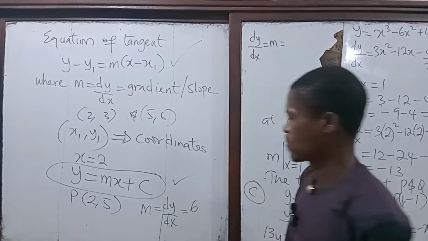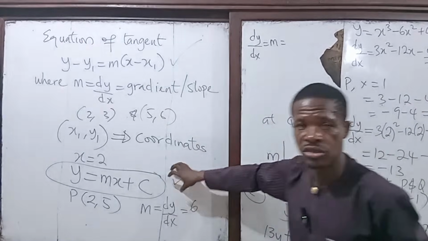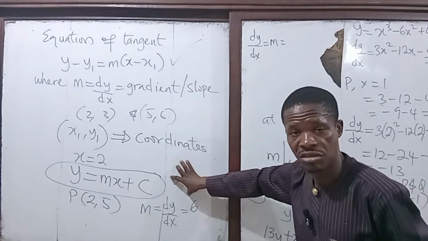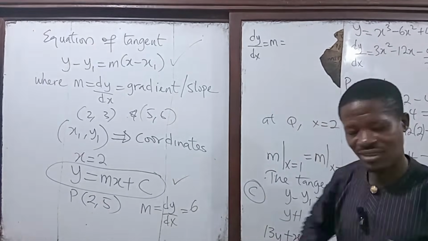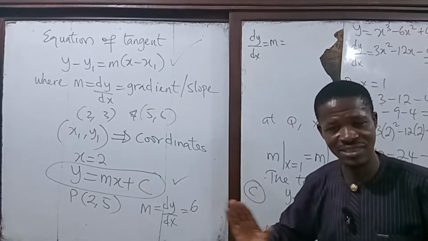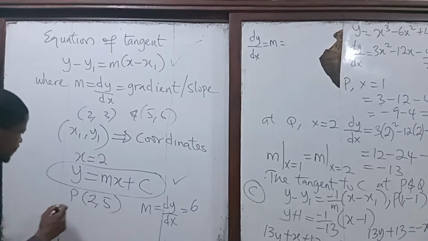Let's make it 6. You have your gradient as 6, and you want to use this equation to get the equation of the tangent. It's very simple.